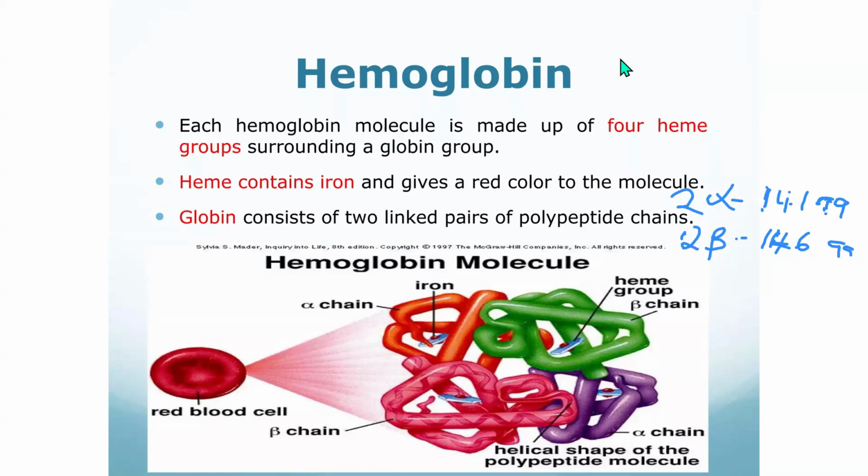So in the hemoglobin, we have globin, which is the protein component, and we have the non-protein component.